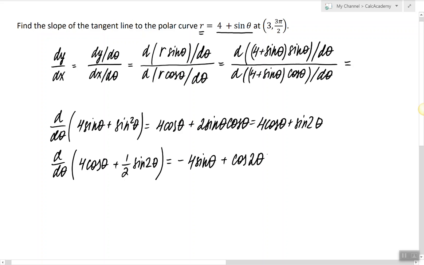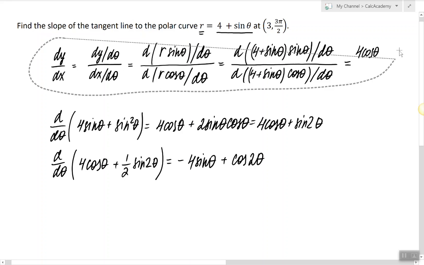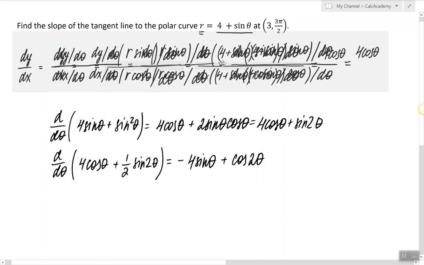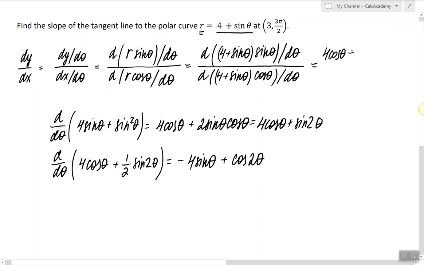So this is what we get as a derivative. So I write 4 cosine theta plus sine 2 theta over negative 4 sine theta plus cosine of 2 theta.